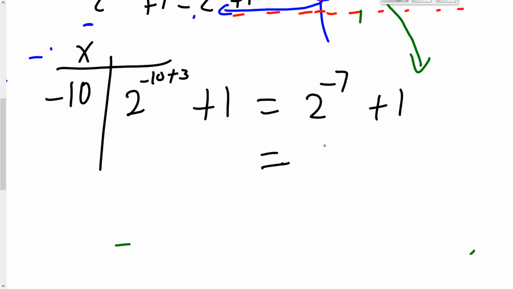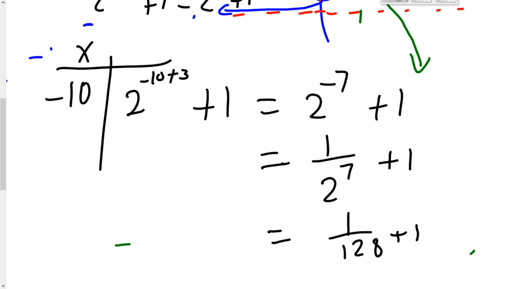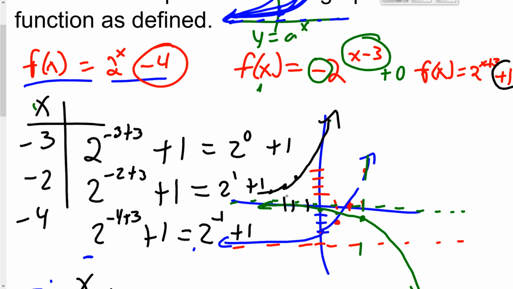Well, that is 1 over 2 to the positive 7 plus 1. 2 to the positive 7, can't think off the top of my head real quick. 32, 64, 128. 128, yeah. So that is 1 over 128 plus 1, which is just barely bigger than 1, so it's never going to cross that line, y equals 1. So there's a boundary here. So it's never going to cross that.